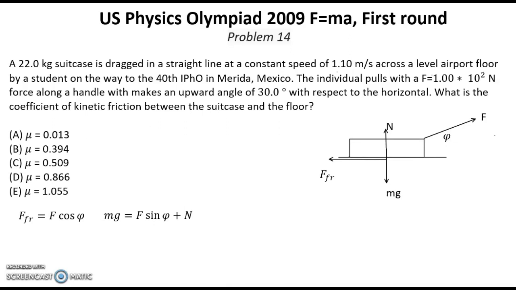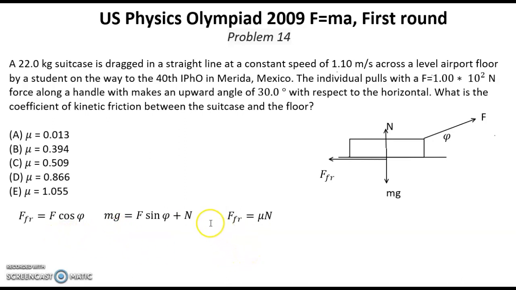And next one is the relation between normal force and force of friction. Because this body is moving, it means that we have this equation, that force of friction equals coefficient of friction multiplied by normal force.